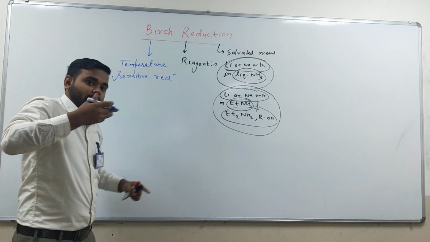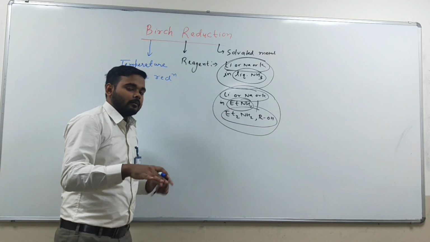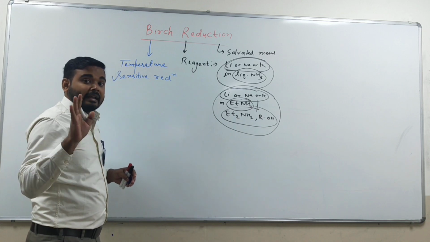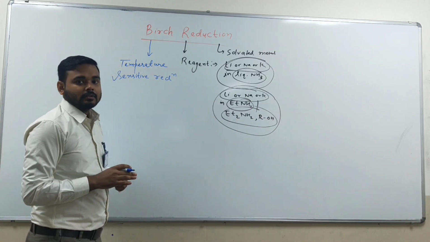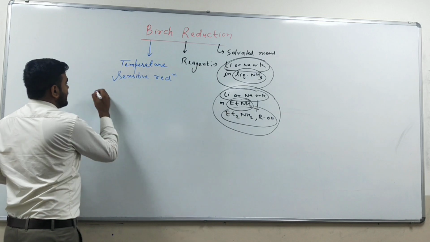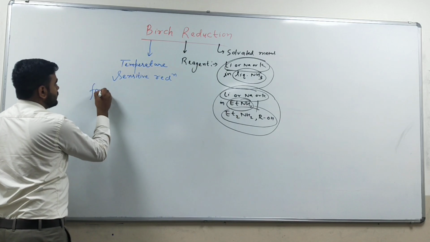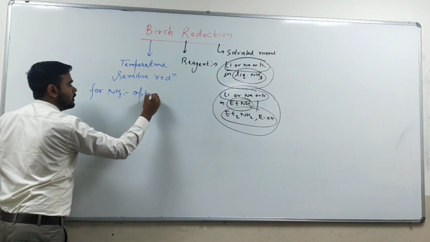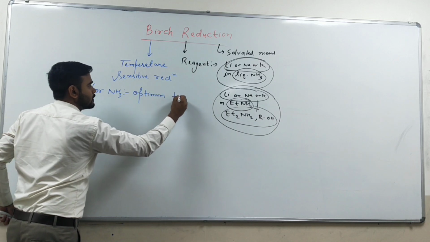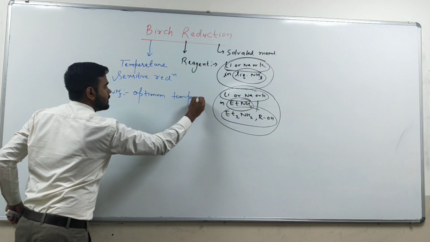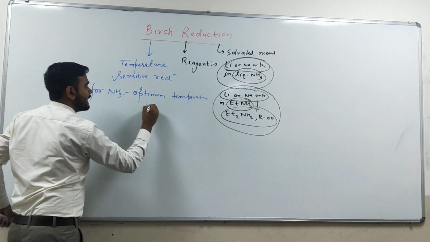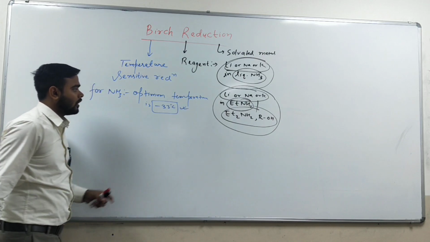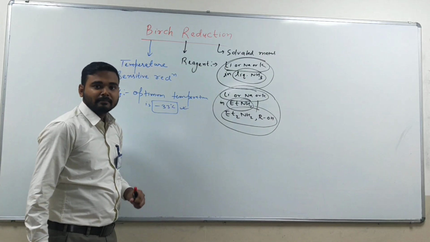Ammonia will be present in liquid form when the temperature is negative 33 degrees Celsius. So for ammonia, the optimum temperature is negative 33 degrees Celsius. You can see how low the temperature is here.